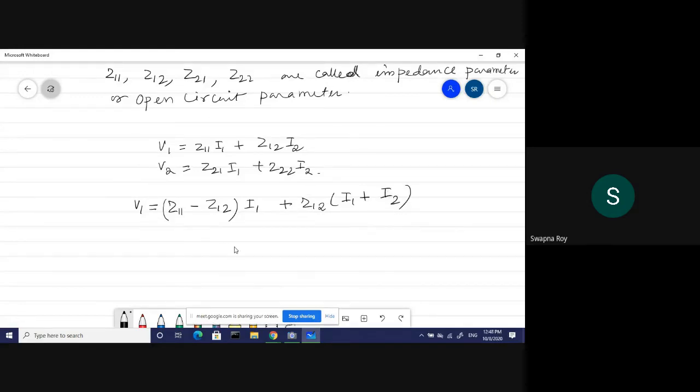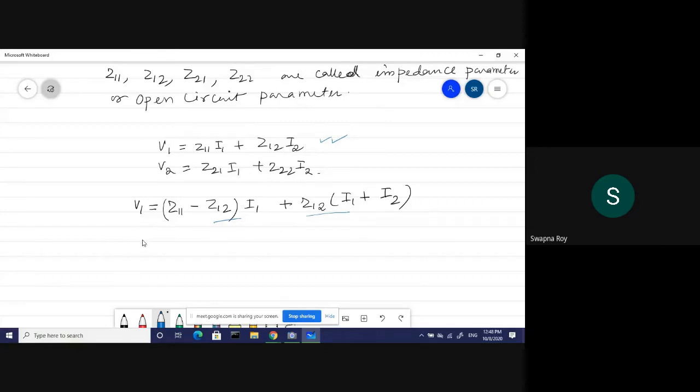So this minus Z12 I1 and this plus Z12 I1 cancel each other. So finally we get the same equation. This one is for the input port. The input port voltage is this one.